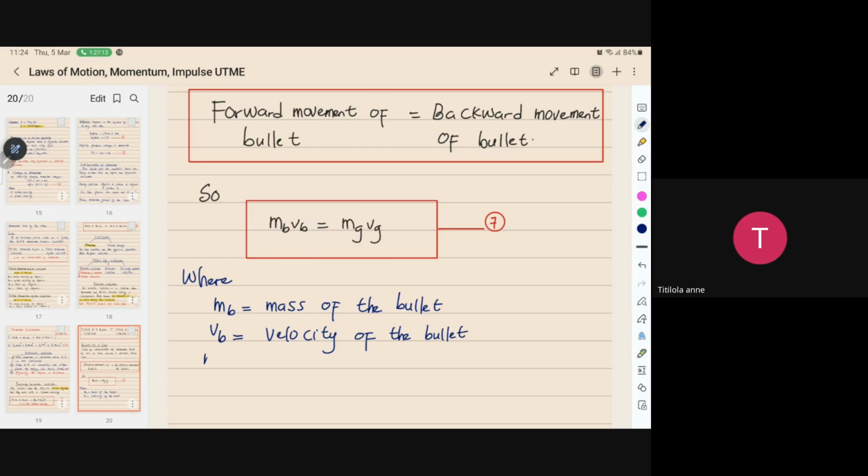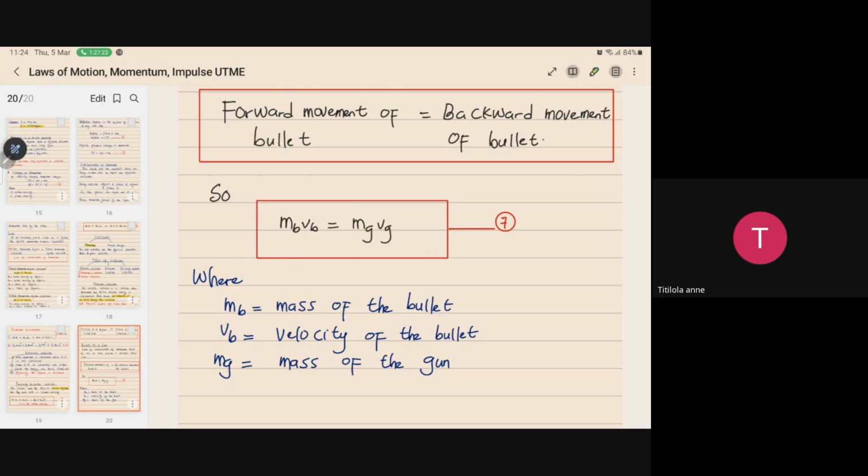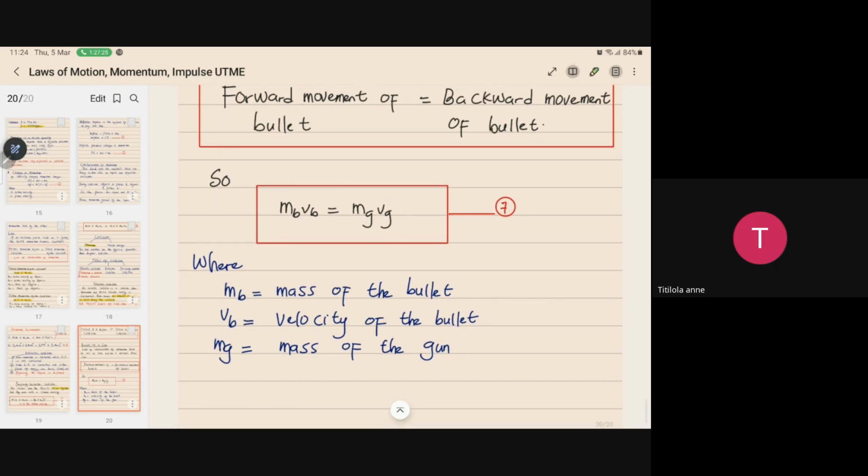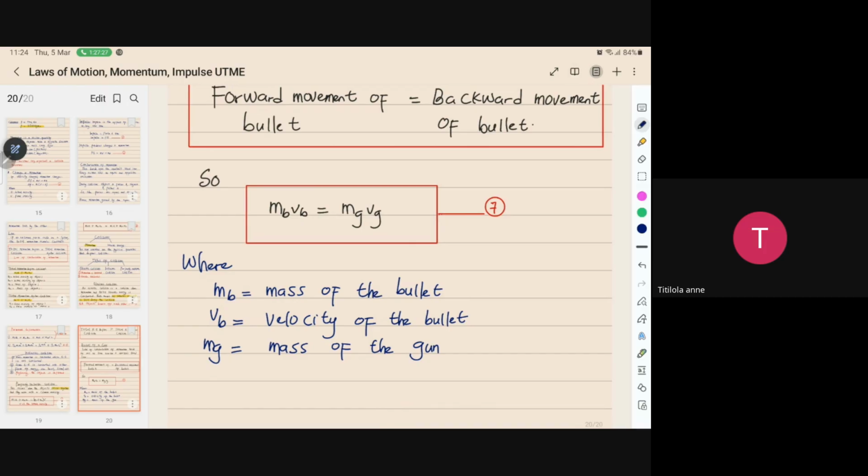You have MG, that's the mass of the gun. Then you have VG, that's the recoil velocity. You can put this down.